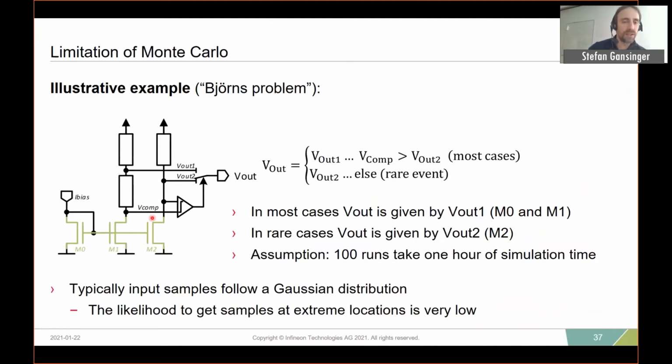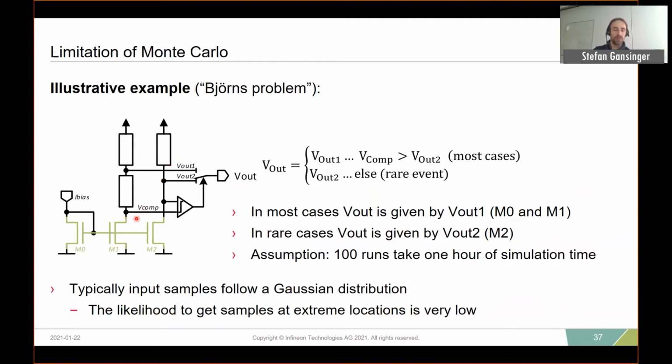What is the idea of this circuit? In general, we have a simple current mirror, so one input current and two output currents. And the output currents are transformed into a voltage using resistors. It's done like this, that the resistors are ideal, so they do not have any variation, but the transistors are, so to say, real transistors, which undergo a certain variation in the processing steps.